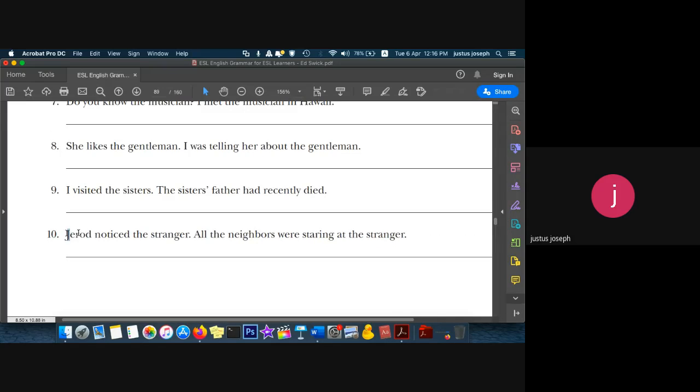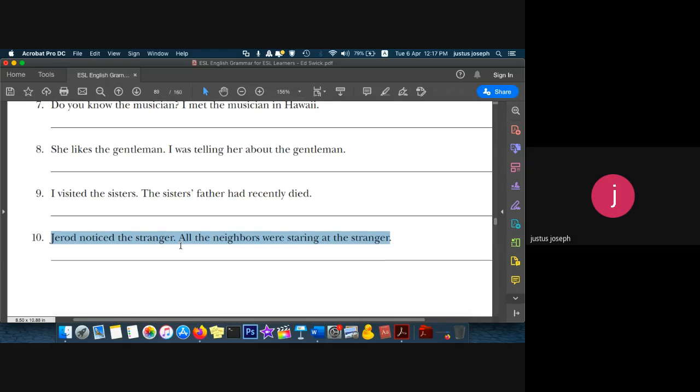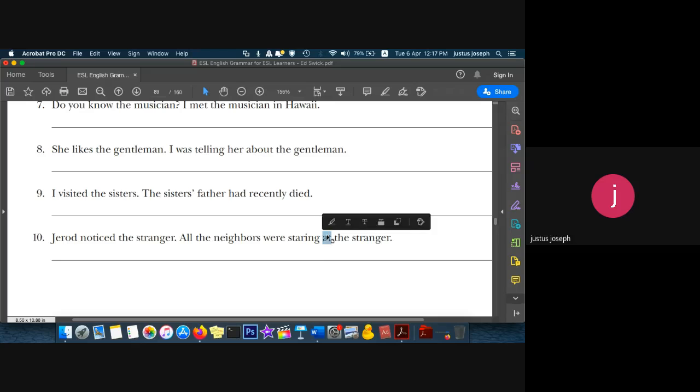Gerard noticed the stranger. All the neighbors were staring at the stranger. What is this word, at?